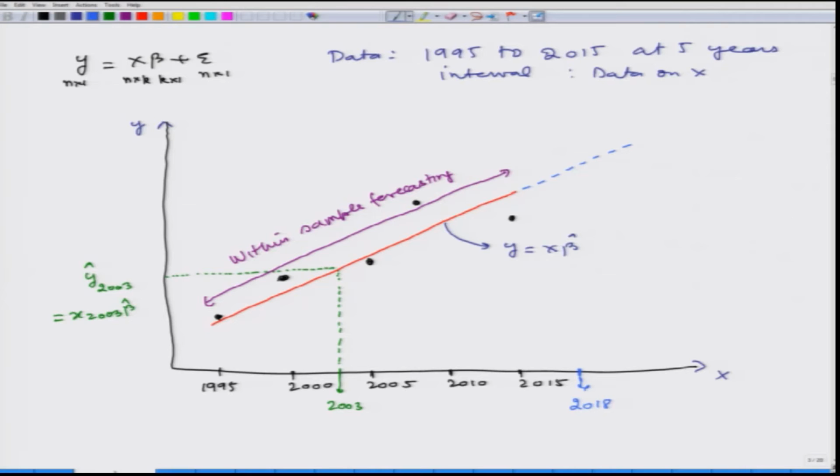Based on that, we find the forecast at x equal to 2018, somewhere here. This will be your y at 2018. So, whatever we forecast in the range lying outside the range of the x variable is nothing but outside sample forecasting.